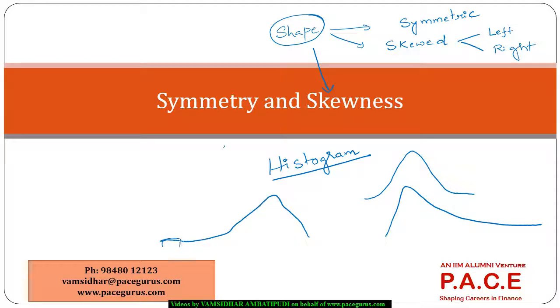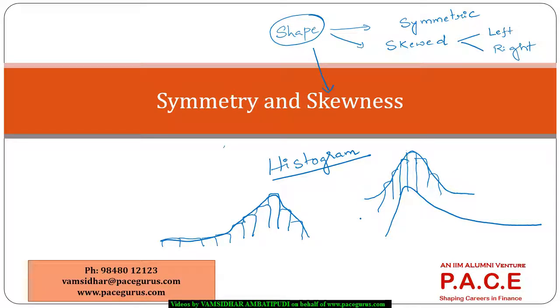So when I say the histogram is coming more like this, where the peak is more or less towards the right and the values are like this, or probably the peak is more or less at the center and the values are gradually falling.